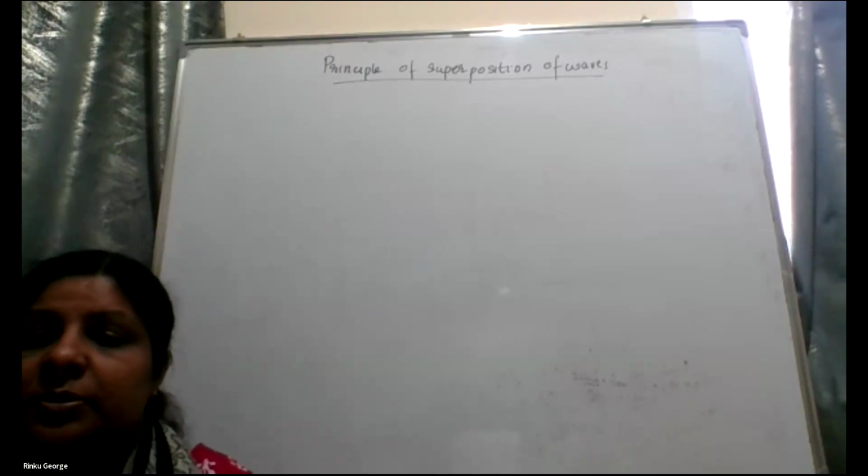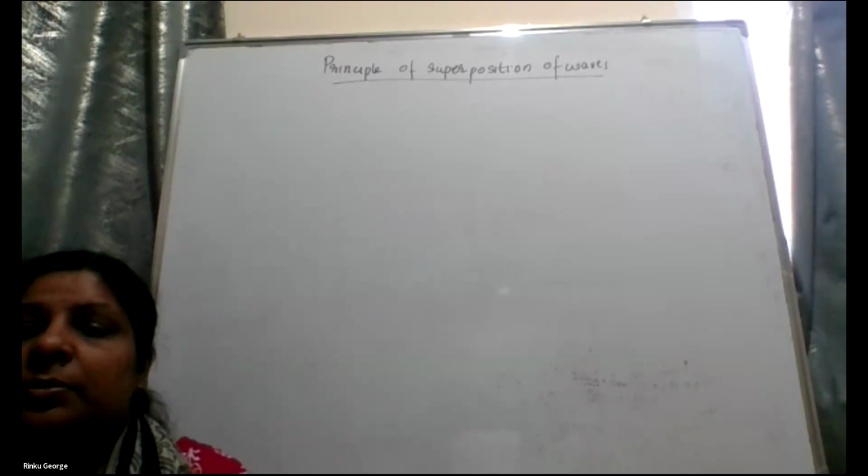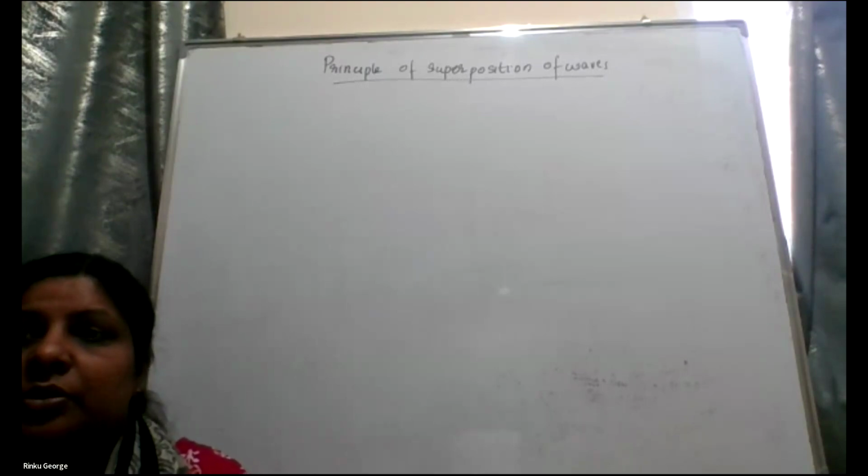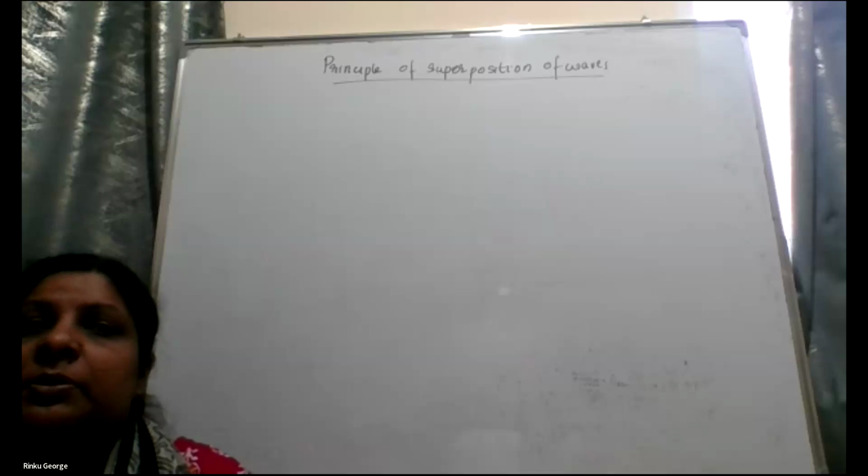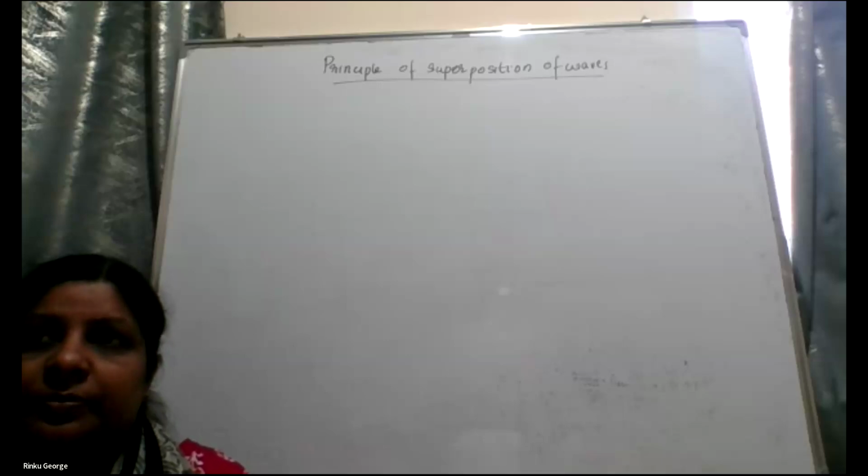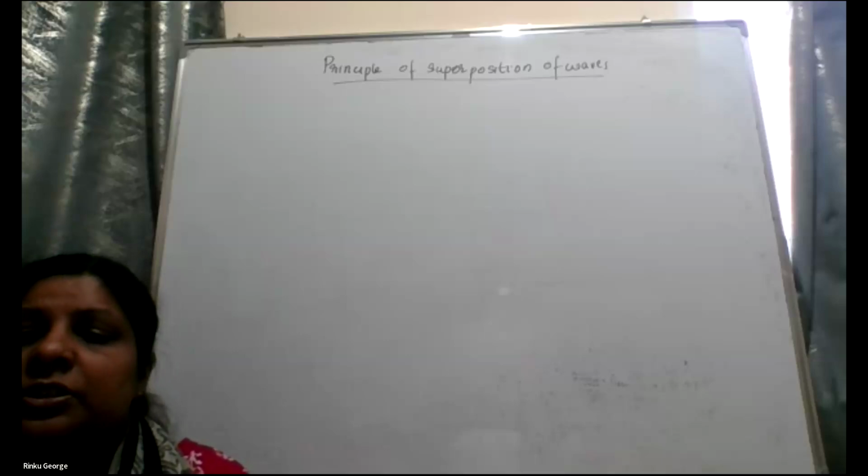And the total displacement is the algebraic sum of the displacement due to individual waves.